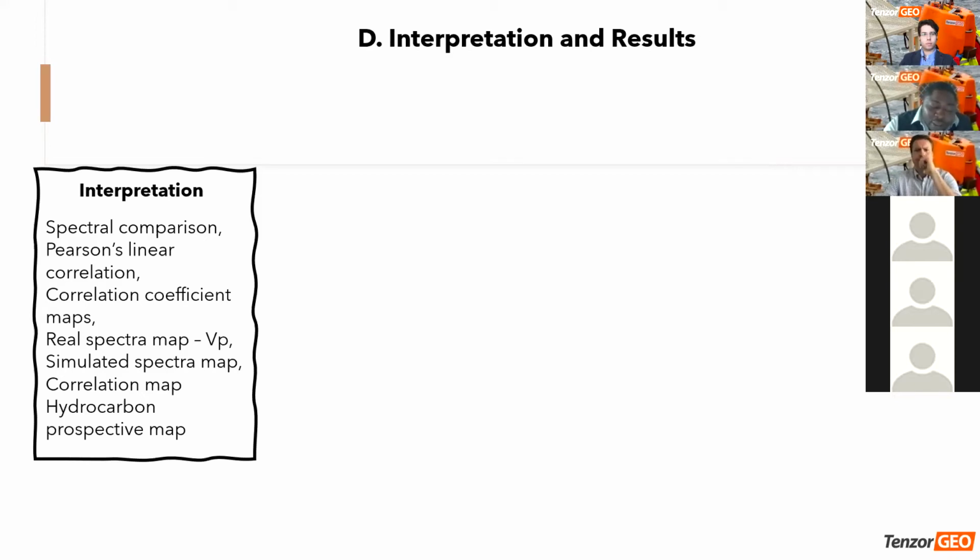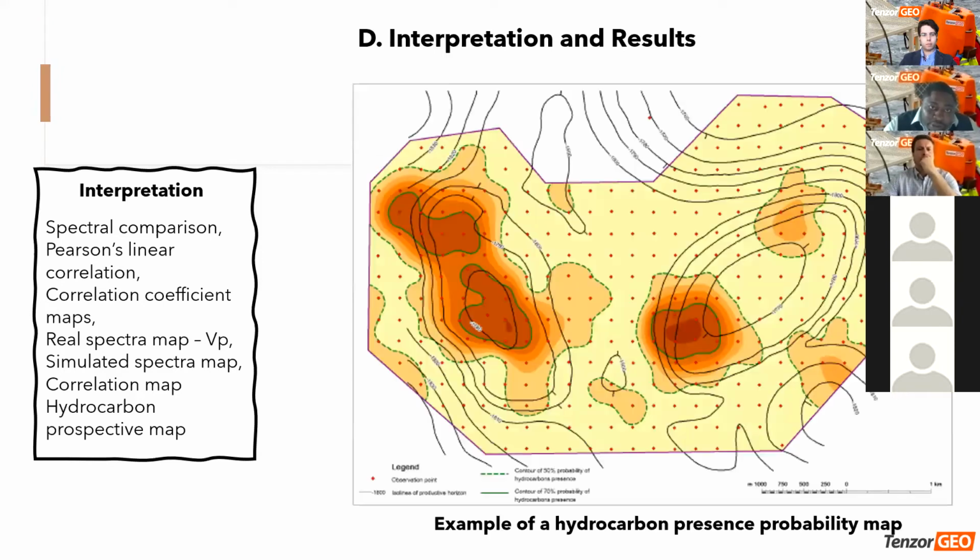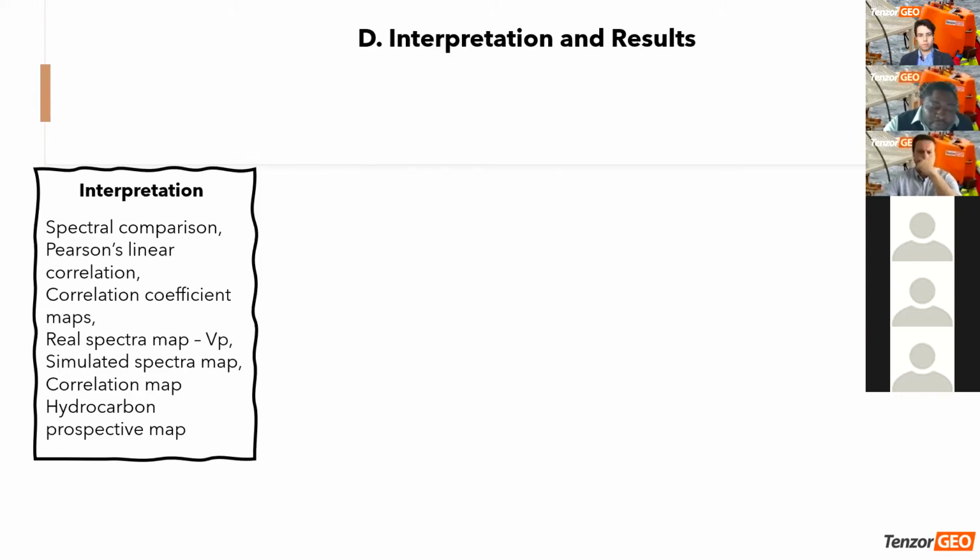So we would have two maps that are created, one of the acquired data and the other one of the modeled spectra, or the one that has been used in modeling.